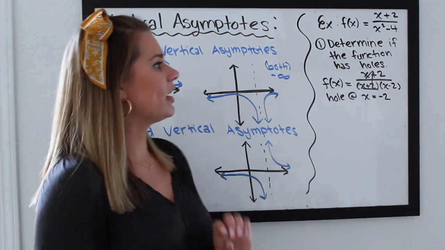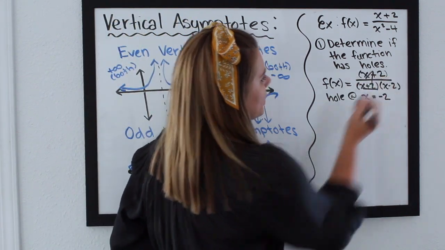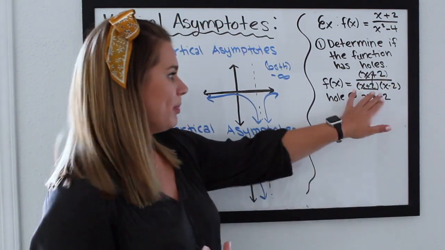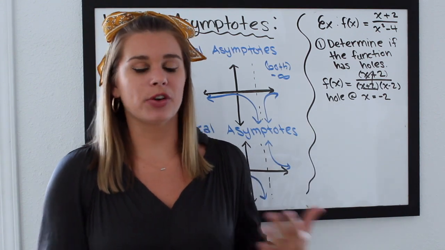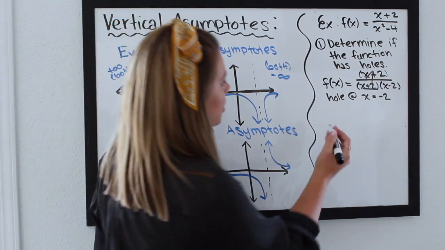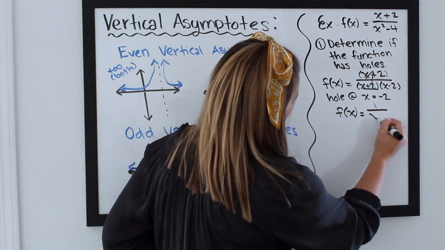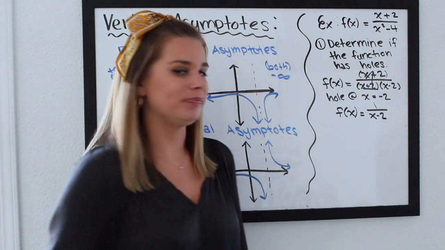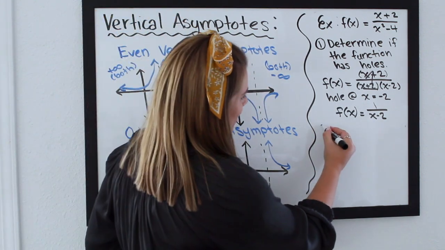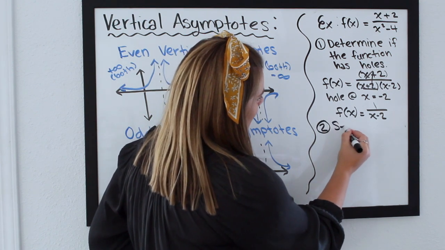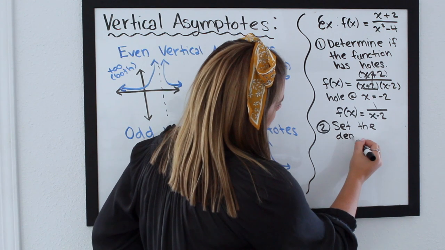Now, in order to find our vertical asymptote, I want to use the simplified version of this so that I don't mistake any holes for potential vertical asymptotes. So I'm going to now use this equation.